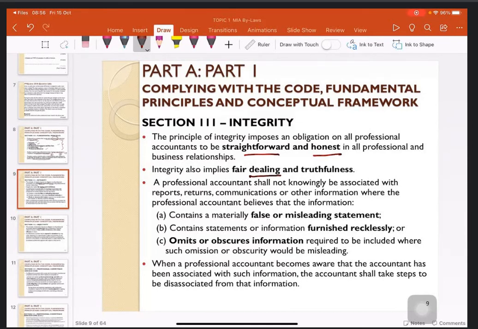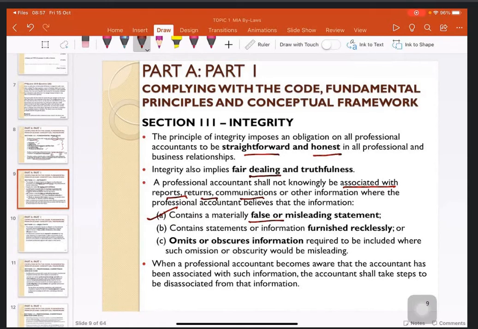Okay. So dalam integrity, okay, as professional accountant, when you associate with report, written and communication, number one adalah when you deliver information, you should not deliver false or misleading information ataupun false or misleading statement.